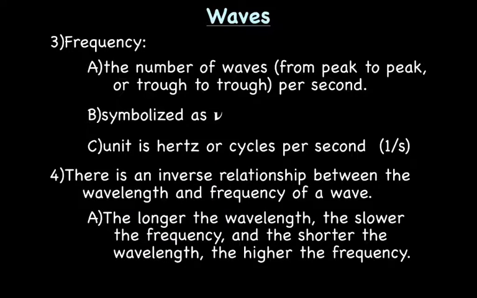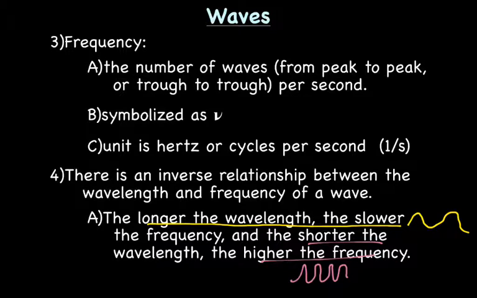The longer the wavelength, the slower the frequency, a wave like that. And the shorter the wavelength, peaks closer together, the higher the frequency, a wave that looks something like that.